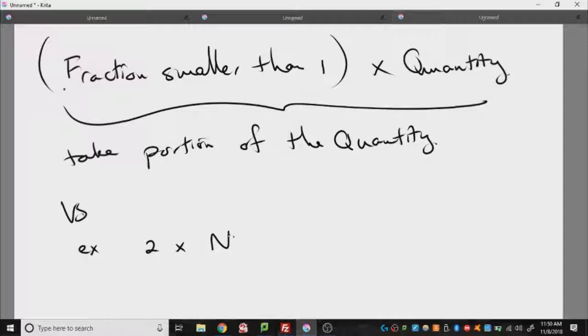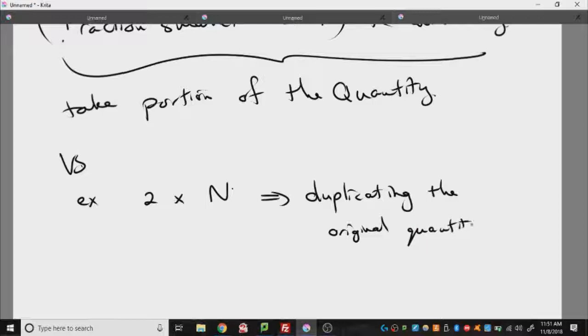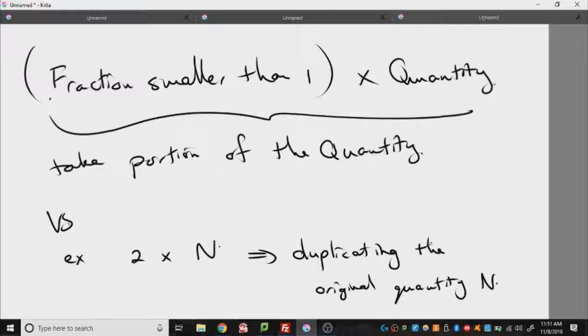You're doubling your quantity according to the multiplier. So you're duplicating, in general, the original quantity, whatever that may be. And these two are not the same concepts.